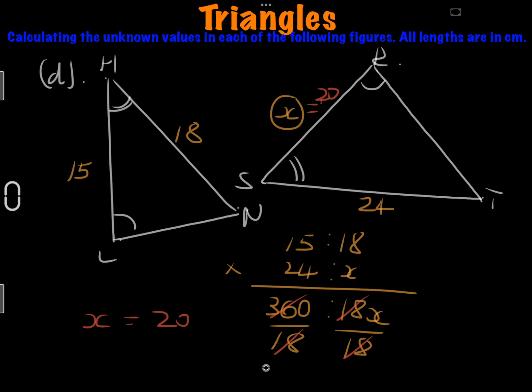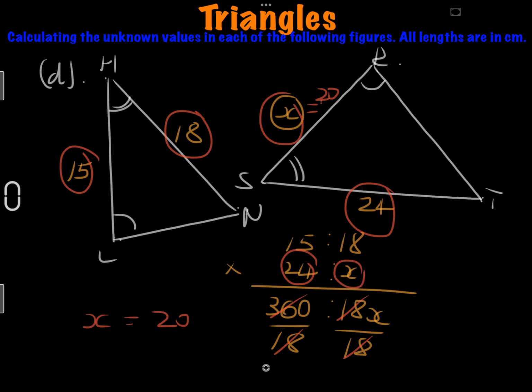Basically here we just use proportionality or ratios. So 15 is this side, and our other side is 18, which is our corresponding side, and then we have 24 on this side, and x, the unknown.